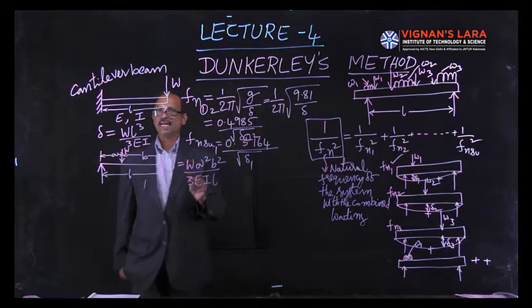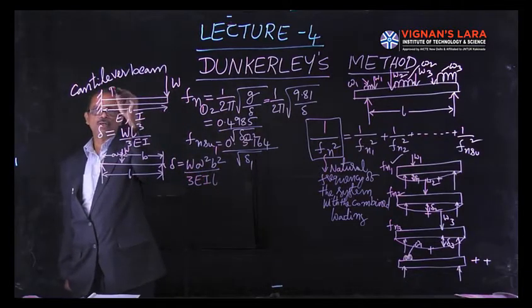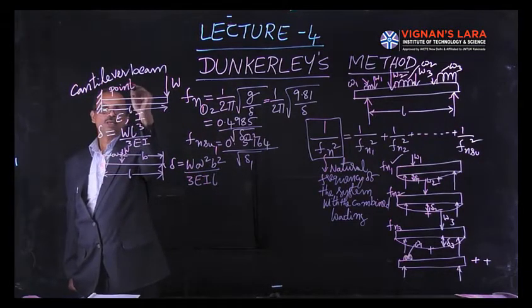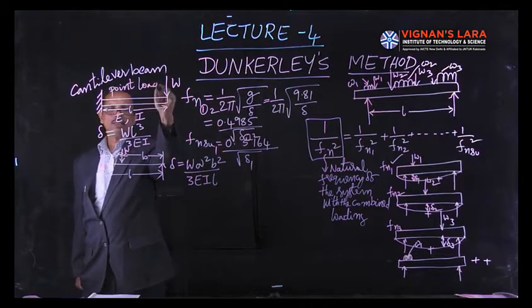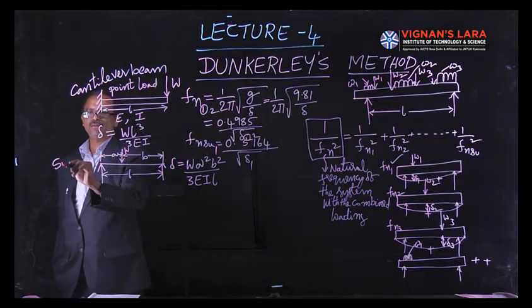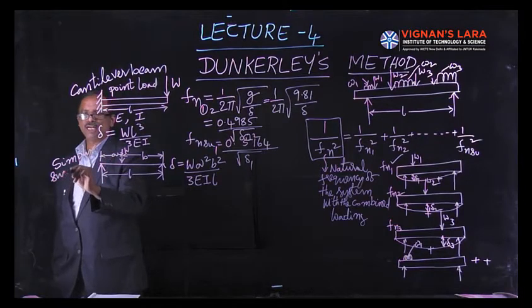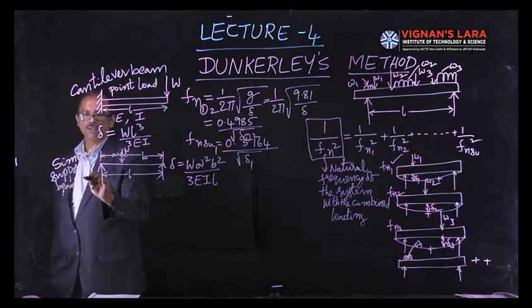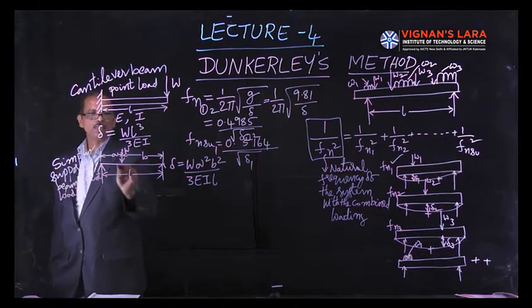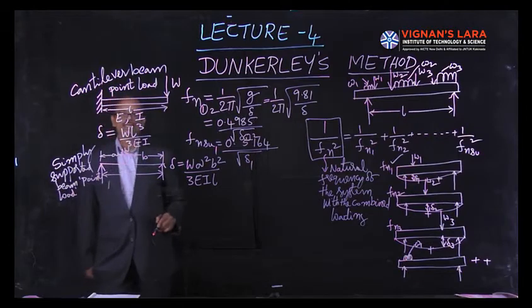So this is a cantilever beam with a point load, and this is a simply supported beam with a point load at A and B distances from the ends.